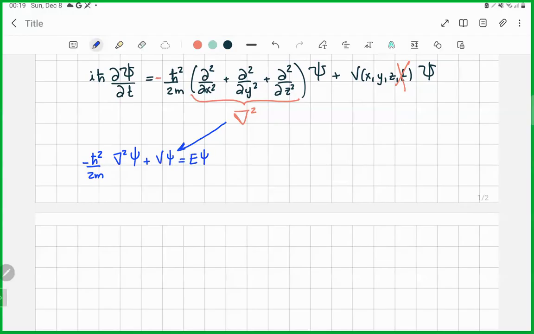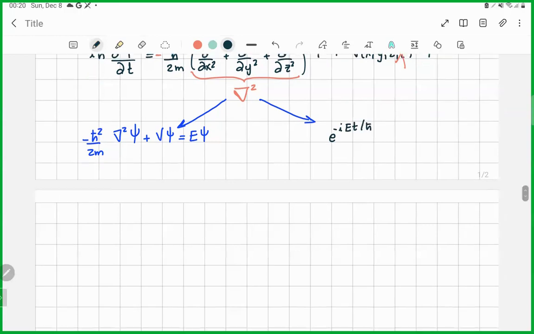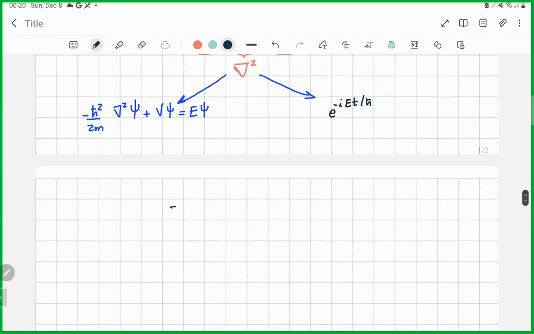And the other part of this story is the one that has the energy. So this part that has just the energy is the one that gives us that exponential involving energy and time, okay? This means that our wave function, x, y, z, and time, has 2 parts.